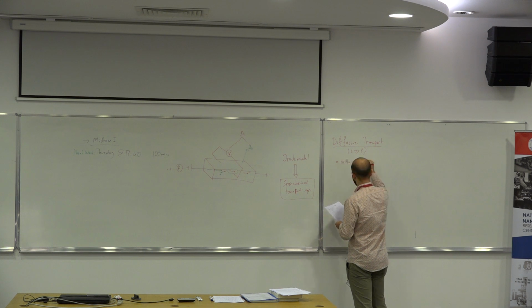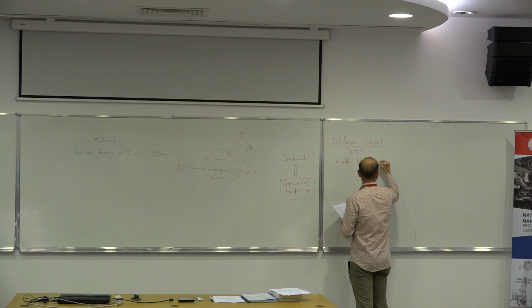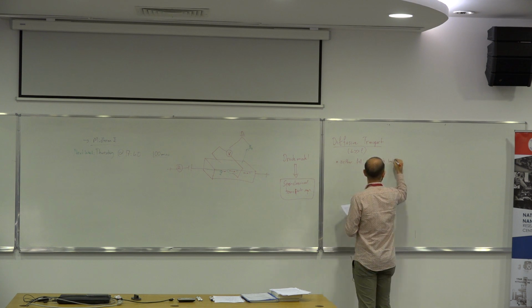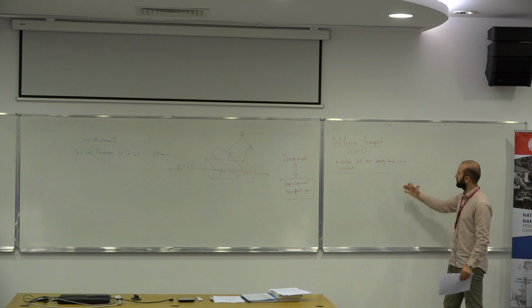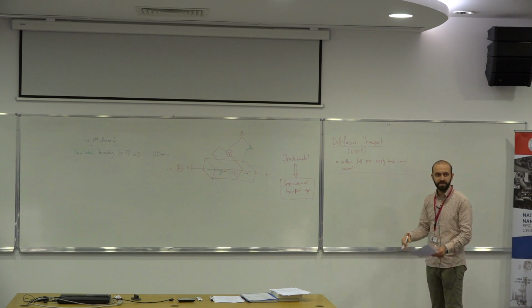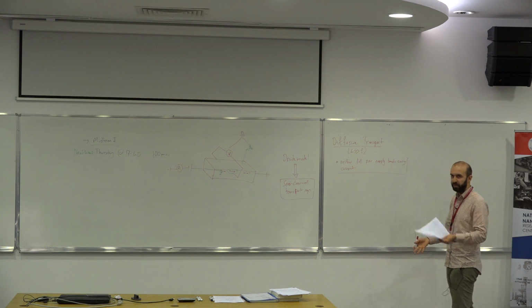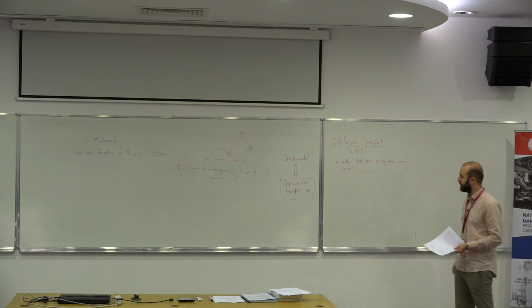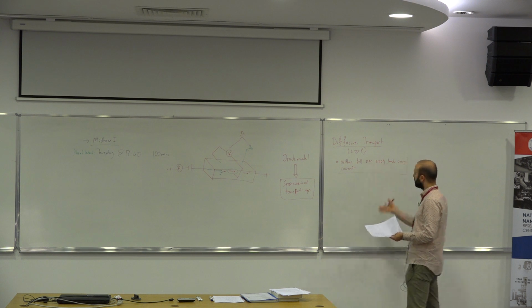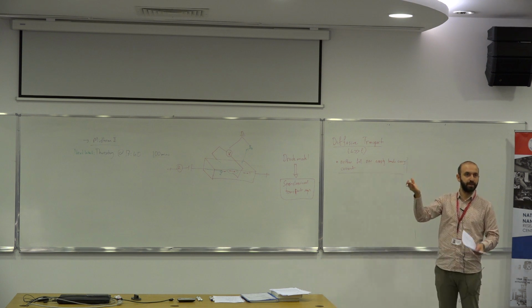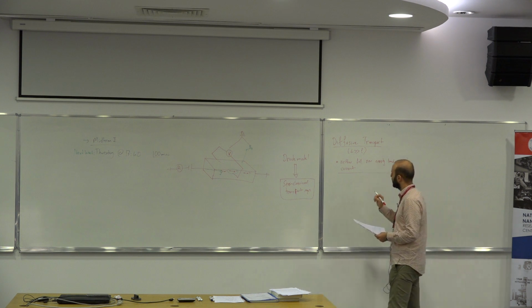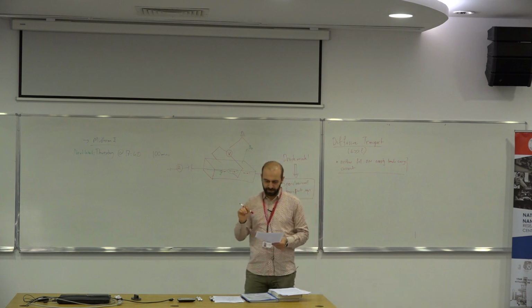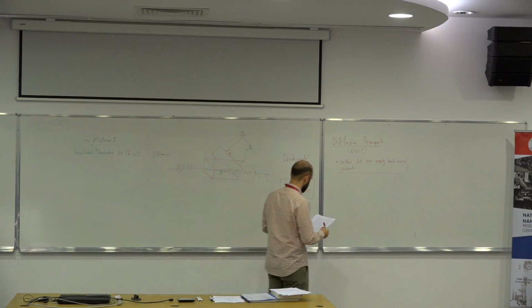Neither full nor empty bands carry current. I mean, we have been using this for the study of metals and semiconductors and their junctions. This is what we have done. If you have a full band, like the valence band in a semiconductor, it cannot carry current. And if you have an empty band, like the conduction band in a semiconductor, it cannot carry electric current. So we are limited to the regions where we have partially filled energy bands.